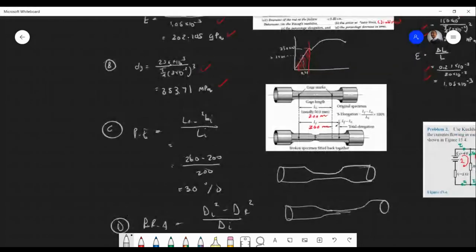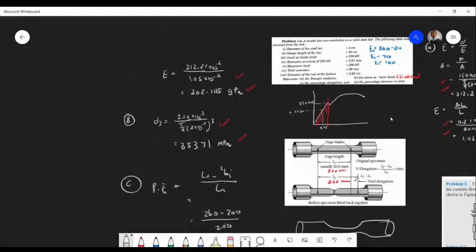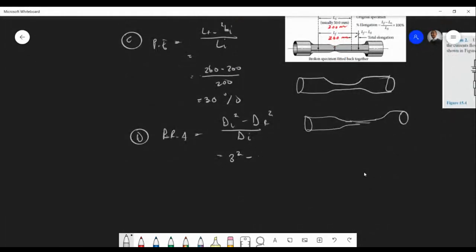So 3 squared minus 2.25 squared, divided by 3 squared. And you should get 43.75%.